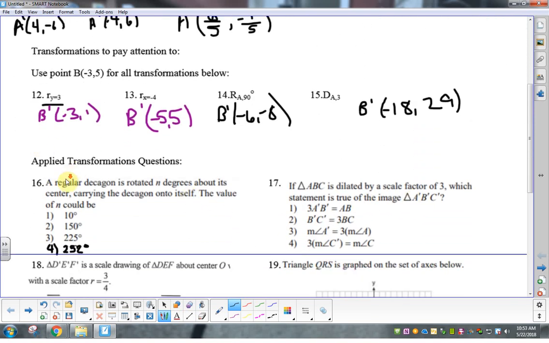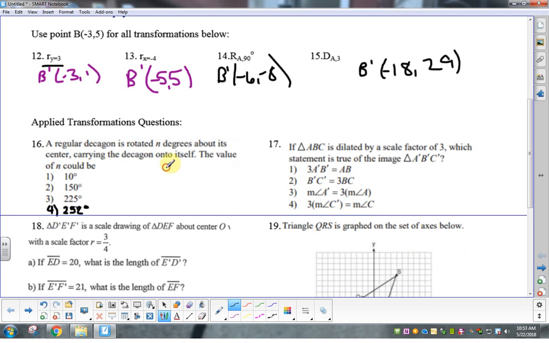Okay. They like to ask about rotations. What you need to remember is that you're rotating by 360 because you rotate around a circle. A decagon has 10 sides, so you do 360 divided by 10, you get 36, and then you say, oh no, I think I got this wrong. No, you didn't. You just need to realize that 36 isn't necessarily the answer. You can rotate 36 a bunch of different times.